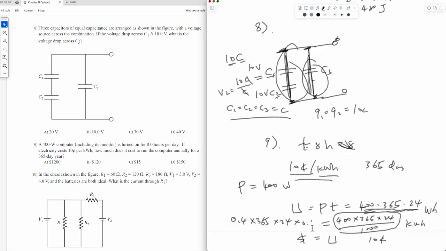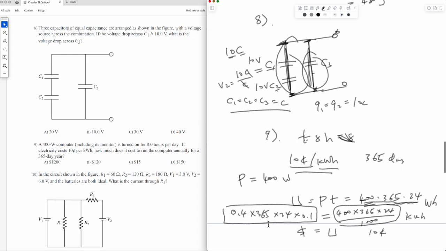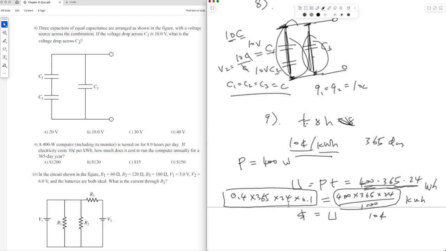So this is how many dollars. Let me take a guess. Wow, not a whole lot, right?